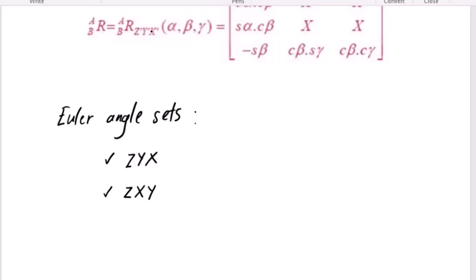It's Euler. Another way to show Euler. Z prime, Y prime, X prime. It represents Euler. Now tell me, what are other sets we can have for rotations? X, Y, Z. Yes, we have the X, Y, Z. What else? Y, X, Z. What else?